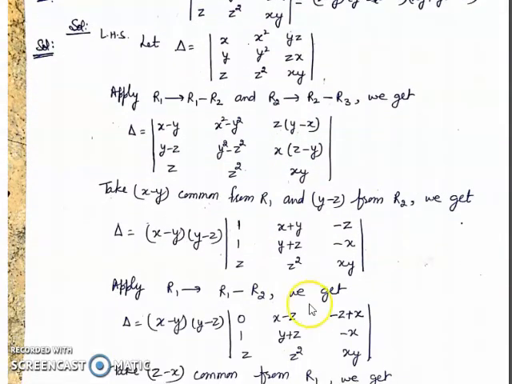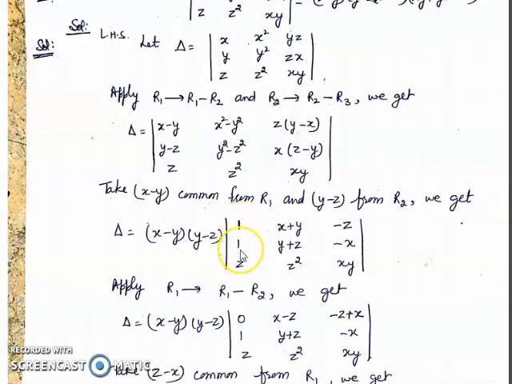Now take x minus y common from row 1 and y minus z common from row 2. We get 1, x plus y minus z, 1, y plus z minus x, z square, xy. Now our purpose is to make maximum 0. So R1 minus R2 gives us 0.